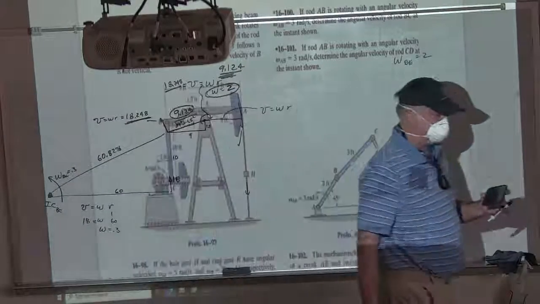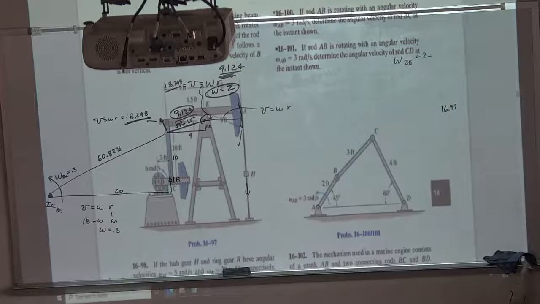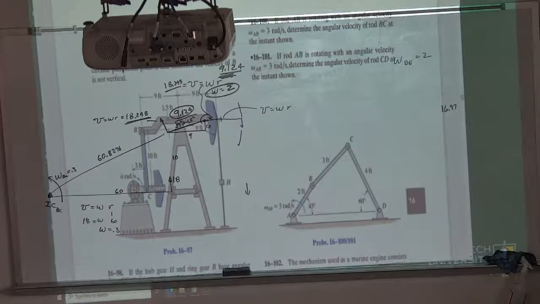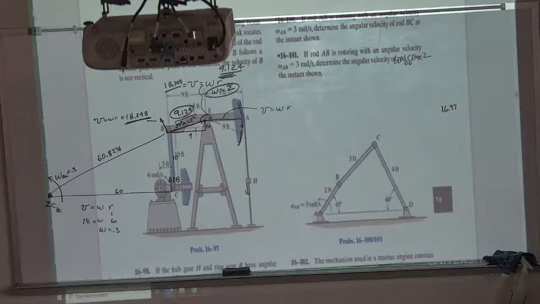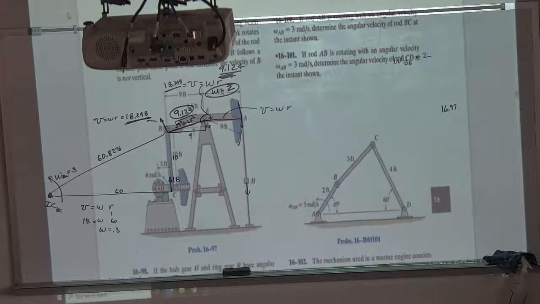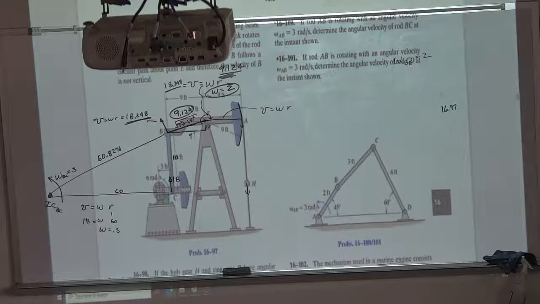Might be able to do it like so. Okay, that's a little bit better.